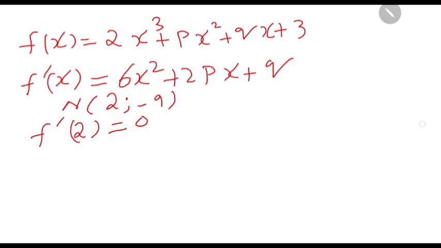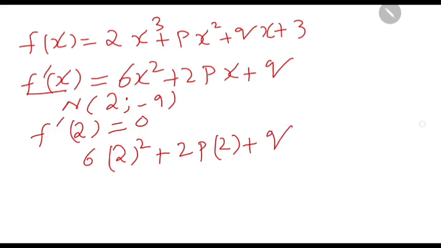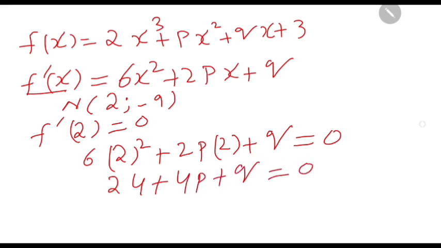I'm going to substitute x equal to 2 into this first derivative. It's going to be 6 times 2 square plus 2p multiplied by 2 plus q equal to 0. Simplify: 24 plus 4p plus q is equal to 0. 24 is the constant, I pull it over this side, it becomes -24. So this is our equation number 1.